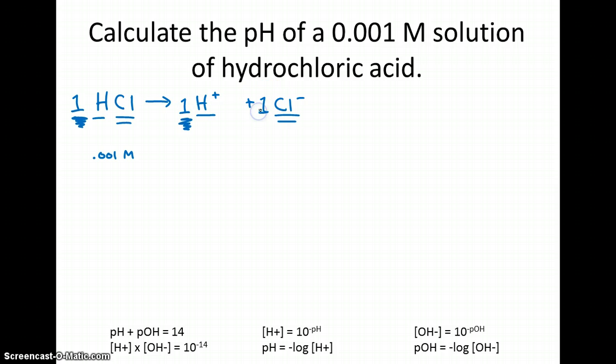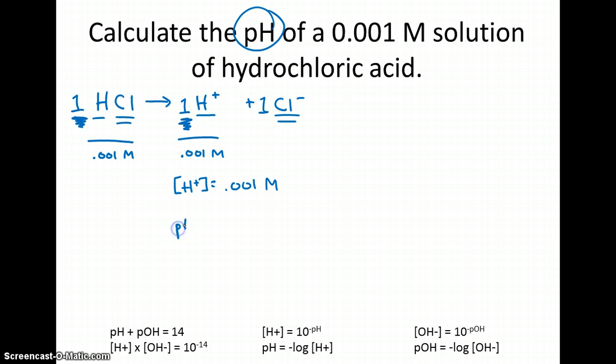Because there's a 1:1 molar ratio here, if the concentration of the acid is 0.001, the concentration of H plus is 0.001. In other words, I just figured out that the concentration of H plus is equal to 0.001. The problem is asking for pH. What's the relationship between pH and H plus?